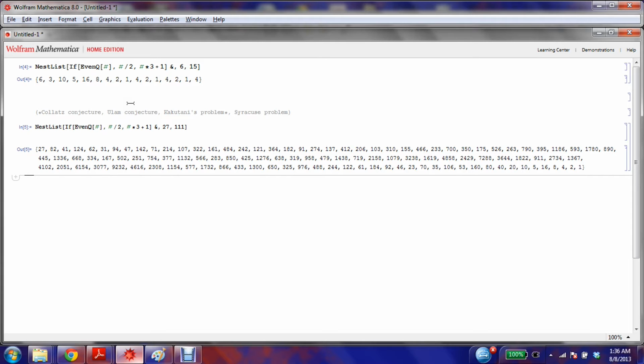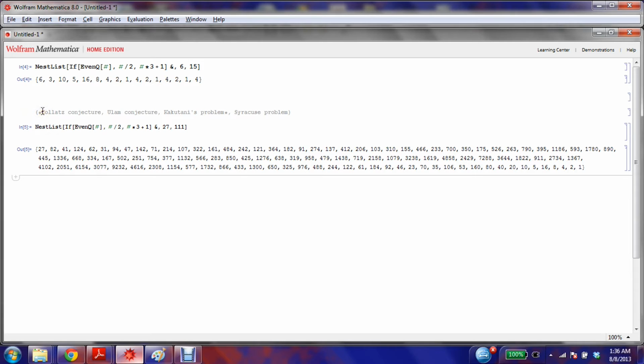I think one of the wonderful things about mathematics in general is that there are lots and lots of really simple sounding problems which people have attacked for hundreds of years and not really been able to solve. And this is one of them.